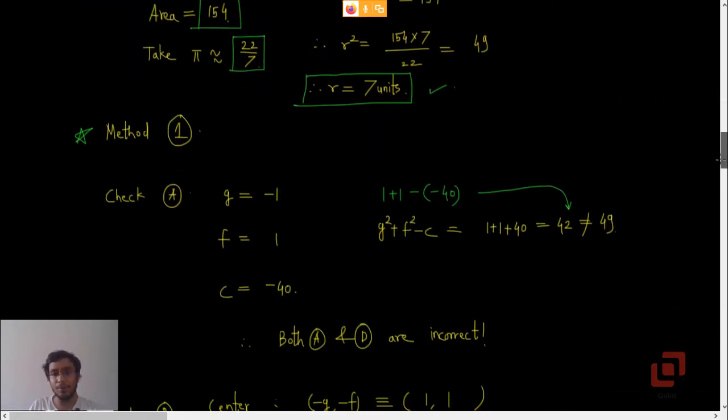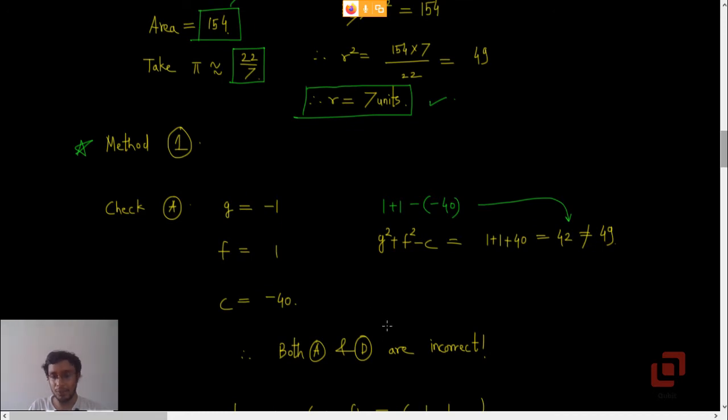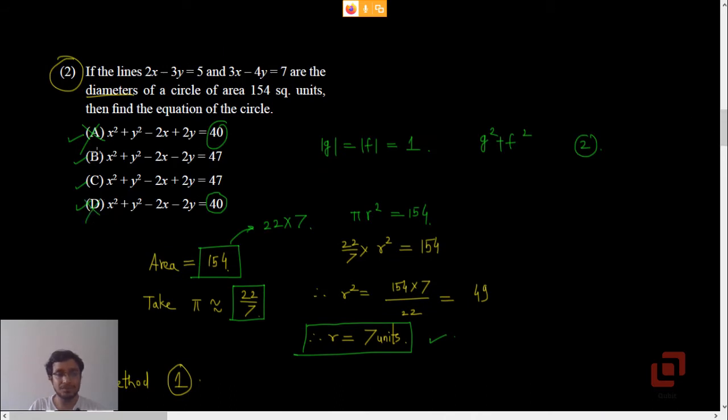So if you compute g squared plus f squared minus c for option D, again 1 plus 1 minus of minus 40, that is equal to 42, not equal to 49. So both A and D are incorrect. So then it boils down to the options B and C. We know that one of them is going to be the right option.